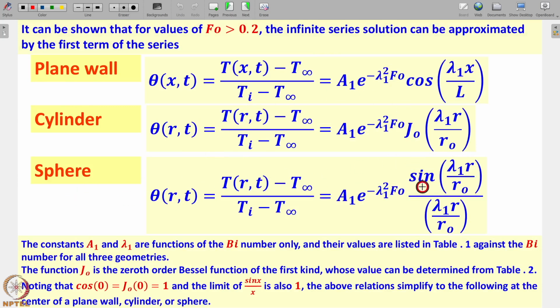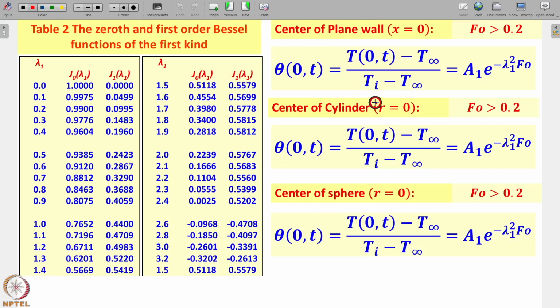and this is the equation for the sphere. I will write both the equations and reduce it for the plane wall.